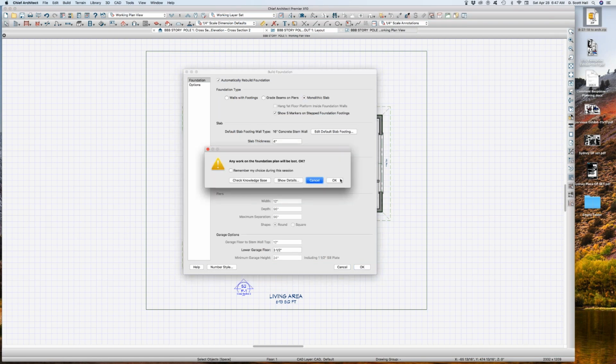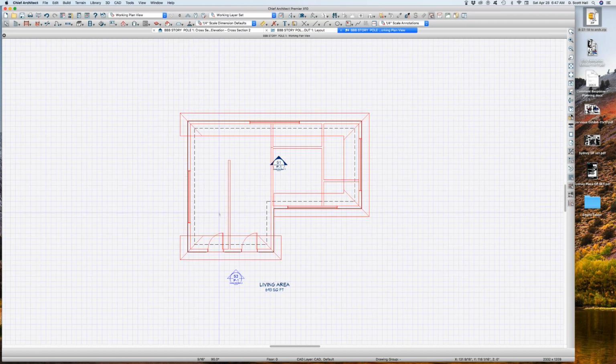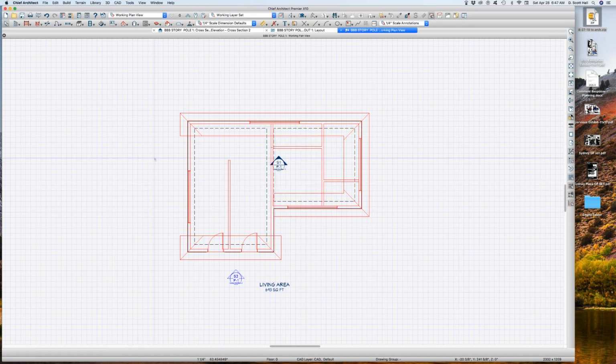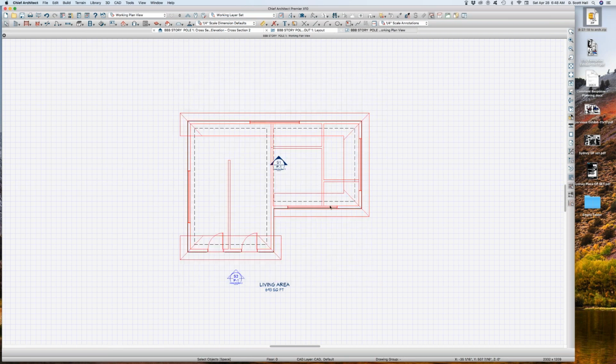Okay, fine. So if I go look at HG. Oh, wait. You big ninny. I do things manually, so that's why I'm a little slow with automatically rebuild foundation. Okay.